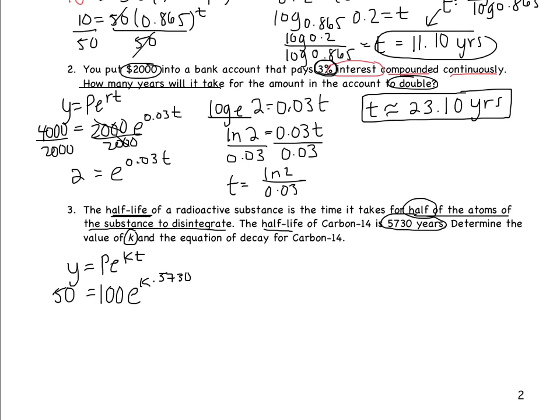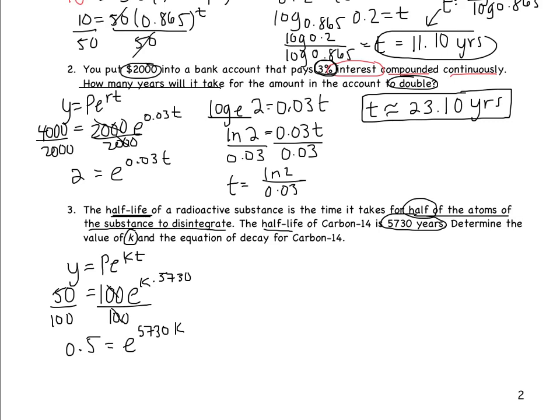And now I need to solve. So I'm going to divide both sides by 100. Those are gone. 50 divided by 100 is 1/2, or 0.5. So I have 0.5 equals e to the 5,730K. Now I'm solving for K. I kind of have hit a roadblock in terms of exponential form, so I'm going to change to log form now, specifically natural log.